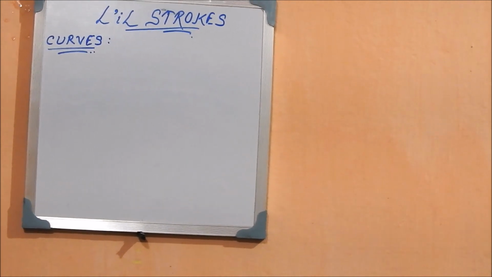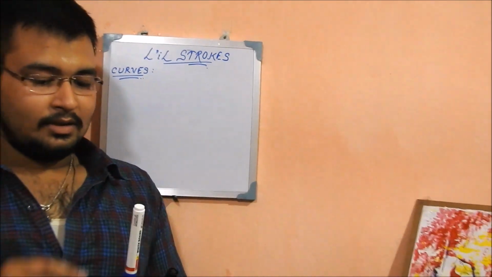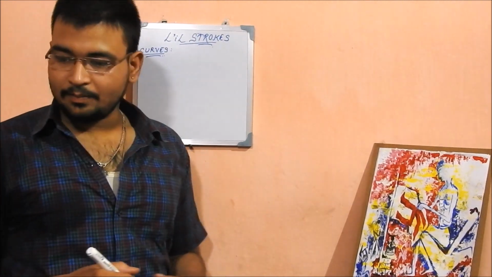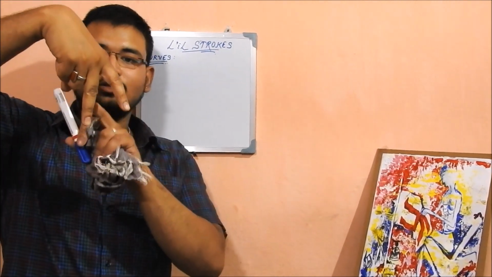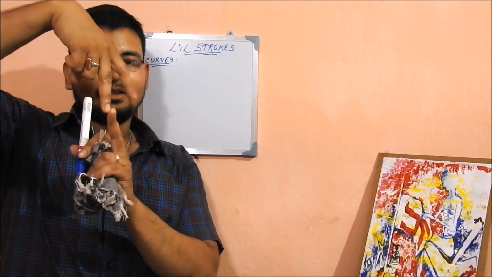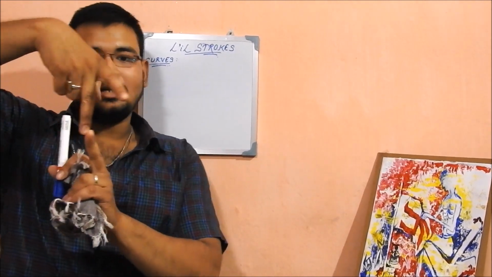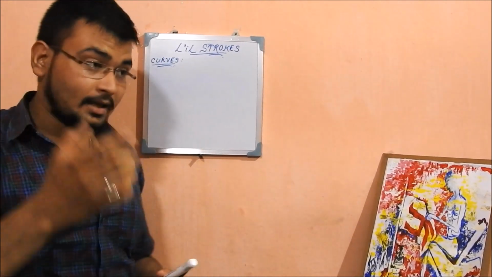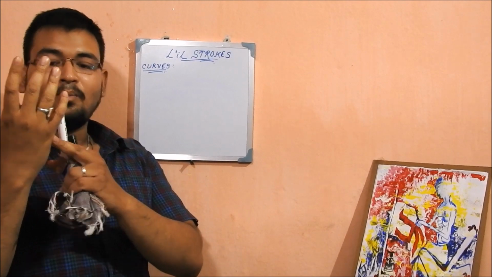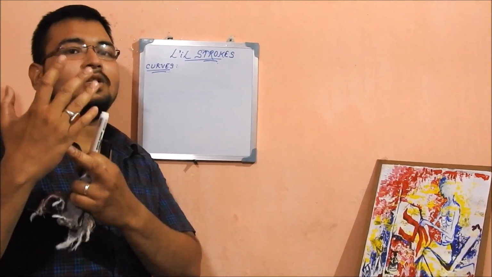You see, while we draw a circle in geometry, we have a compass. Now I don't have one. It has two legs, and we fix one leg at a point, and with the help of the other point, we draw the curve, the circle. In our hand also, we have to find a point around which we will draw the curve.